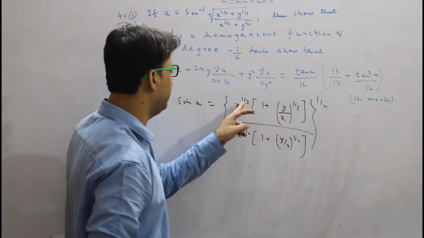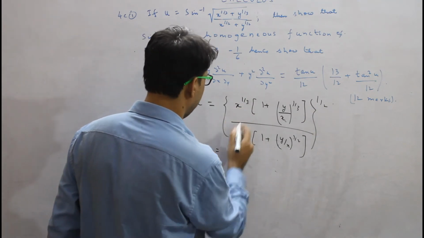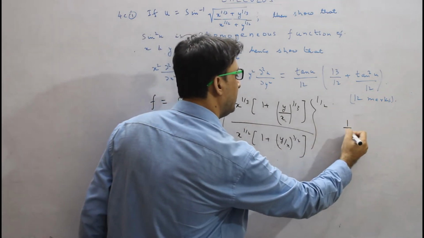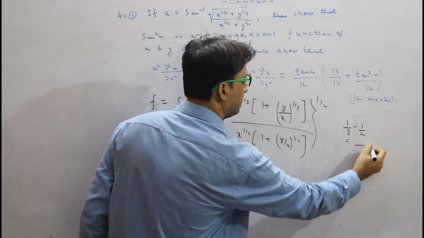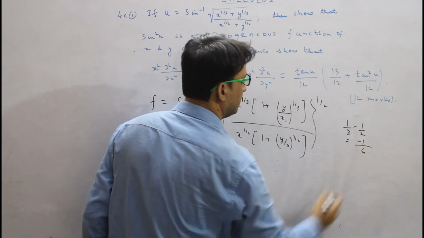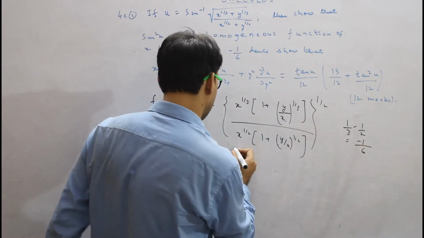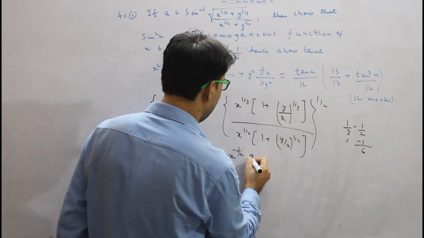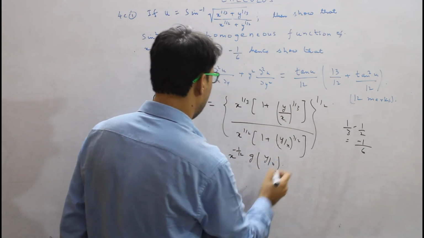If we take the LCM, taking this fraction out, this is 1 by 3 minus 1 by 2, which gives me minus 1 by 6, divided by 1 by 2. So this gives me 1 by 12, times some function g of y by x.